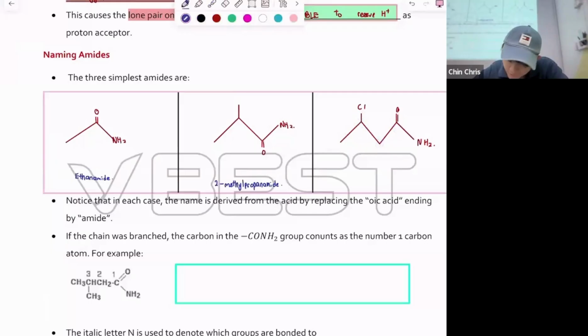This is butane, no E, my bad, butane amide. 1, sorry, 1, 2, 3, not 4. Again, this is a carbon, this is not a carbon. So 3-chloro butane amide. Done.